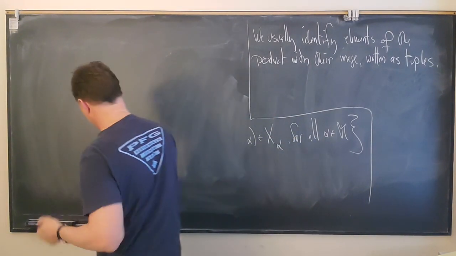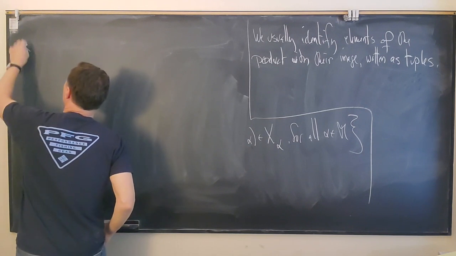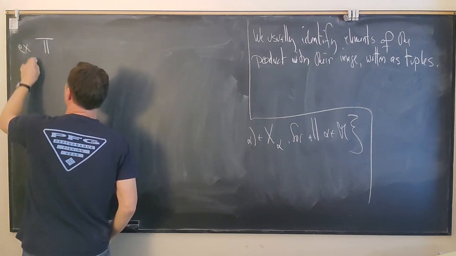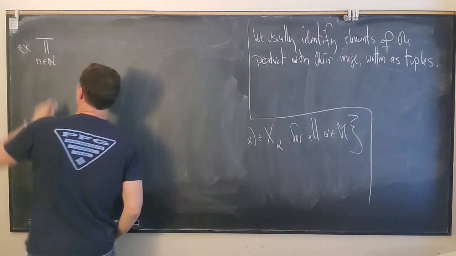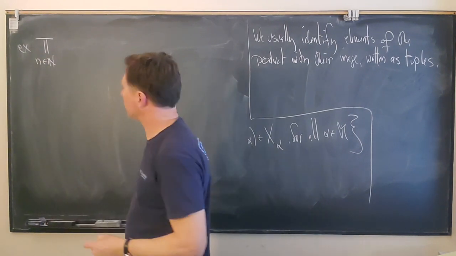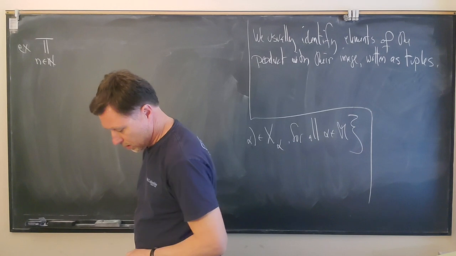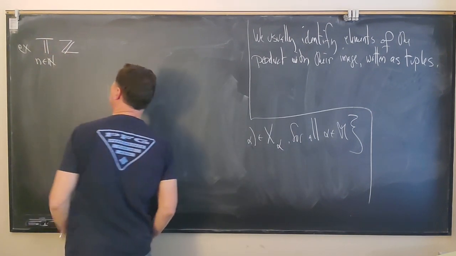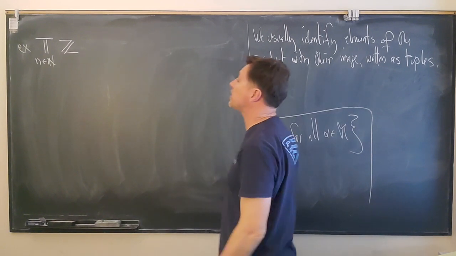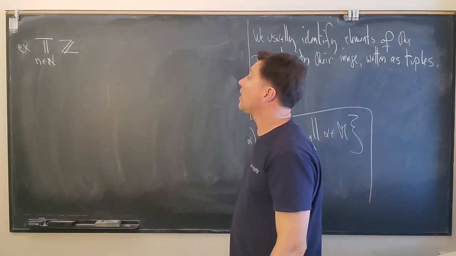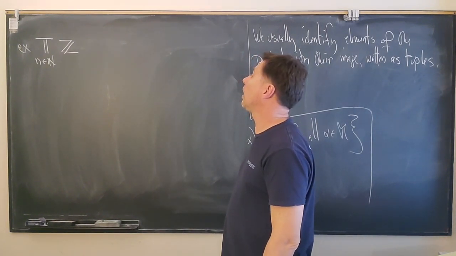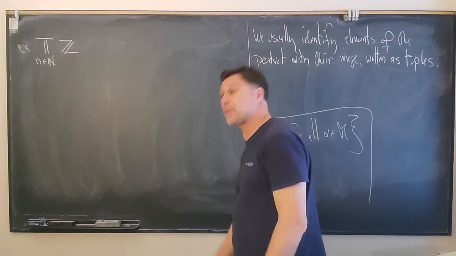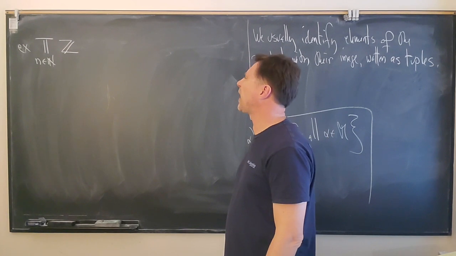And now let me give you a couple of more advanced examples. There's the Cartesian product, and now let's say that our indexing set is the set of natural numbers, and for each natural number, I want the Cartesian product of an infinite collection of copies of the integers.